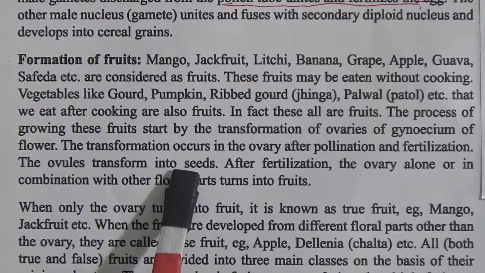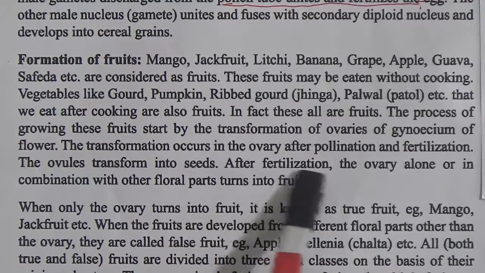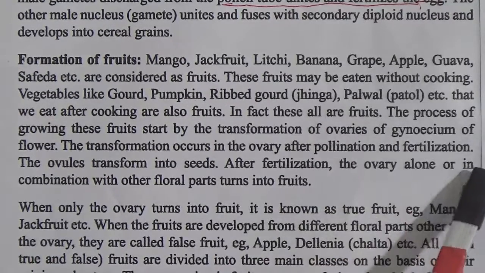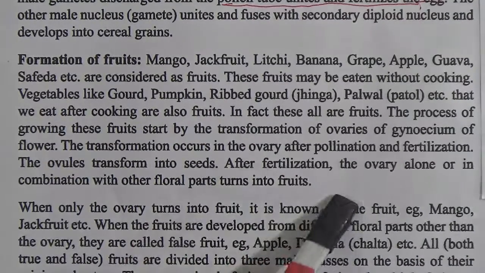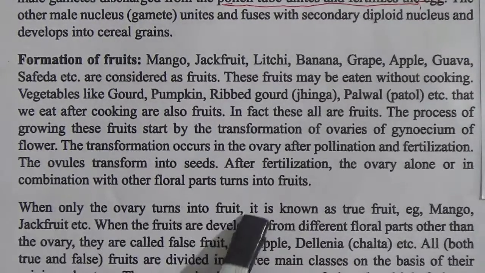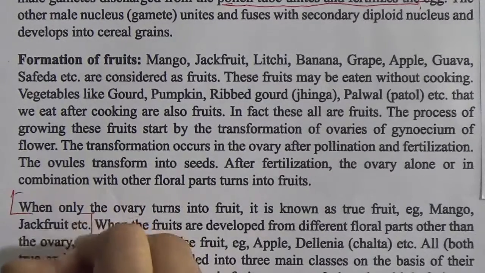The ovule transforms into seeds, and after fertilization the ovary, alone or in combination with other floral parts, turns into the fruit. When only the ovary turns into fruit, it is known as a true fruit, for example mango and jackfruit.